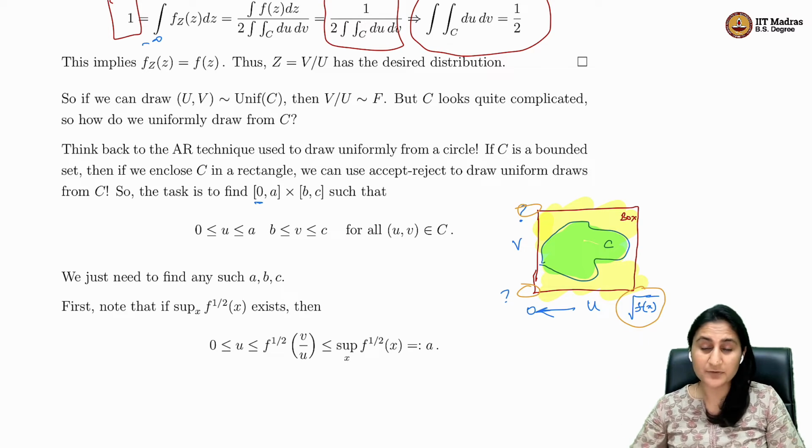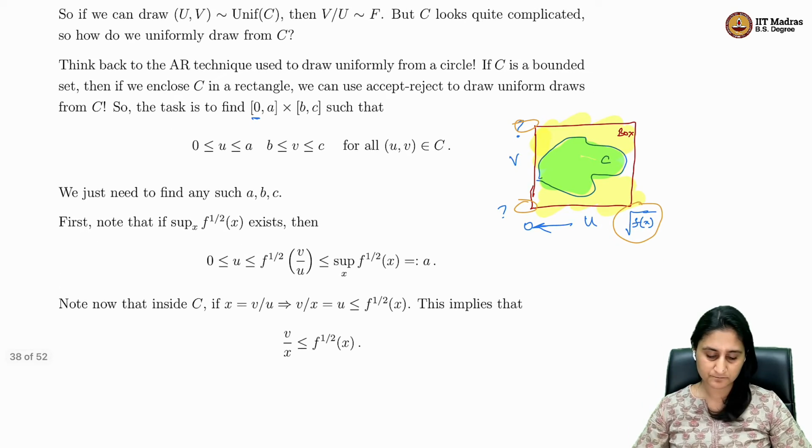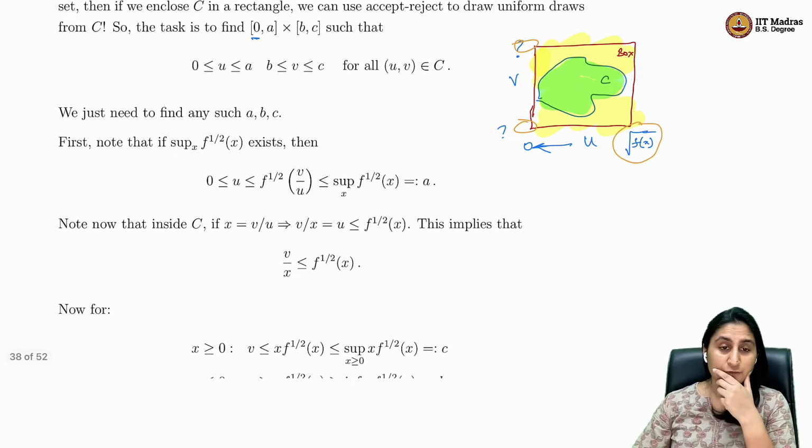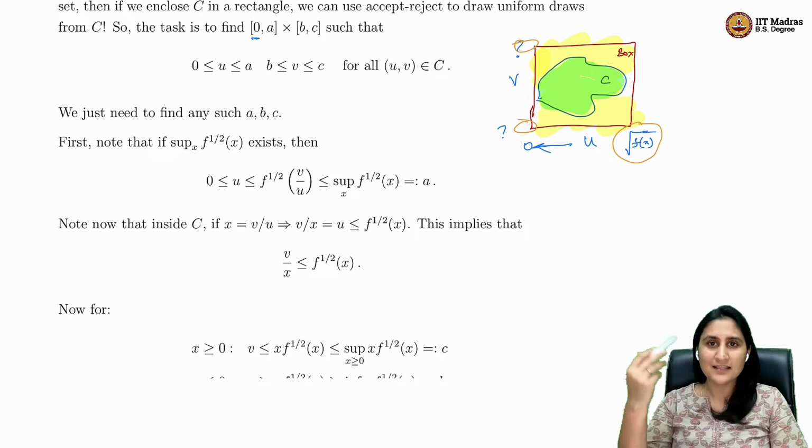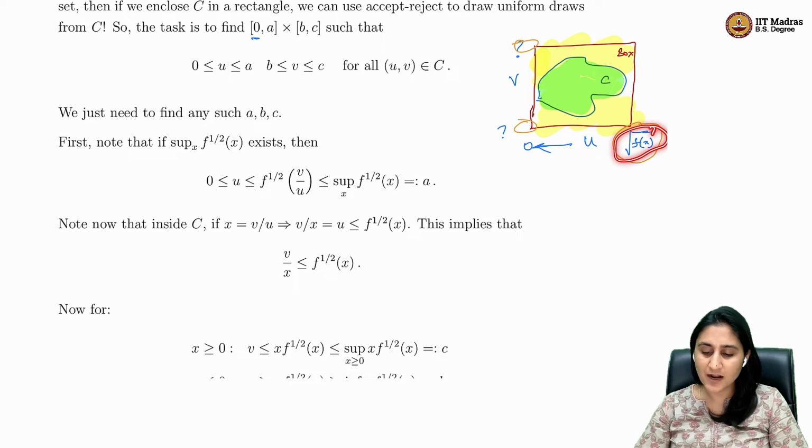Okay, so how can we do that fairly generally? First I notice that square root f of x is the upper bound for u. Now, if square root f of x itself has a supremum, so it is bounded, then that is the largest value it can take for any given x, and that gives me the largest value u can take.